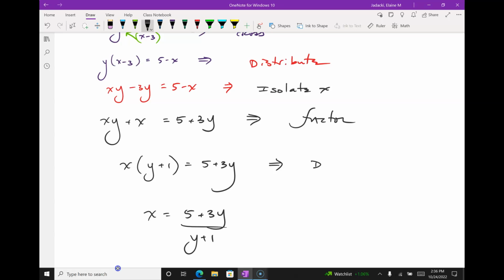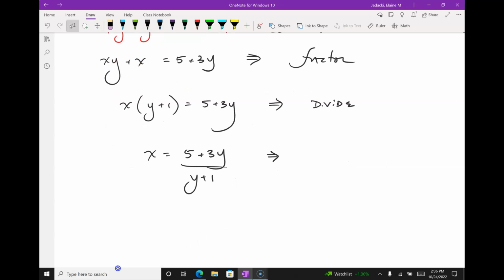Then what? Divide by y plus 1? Nope. Just replace x and y. Remember, inverse functions, the x's and y's switch places.